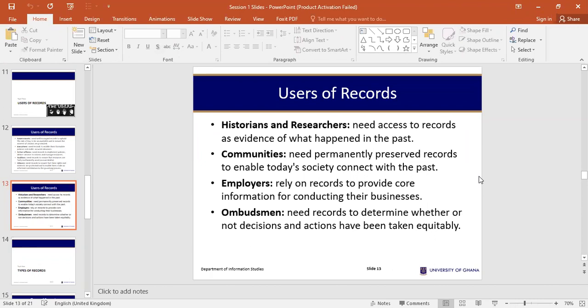CHRAJ was set up to look at human rights and administrative issues, where the courts may not determine the cases, or one does not want to send such a case to the court. You can send it to CHRAJ and they will look at it and determine whether you have any merit or demerits.